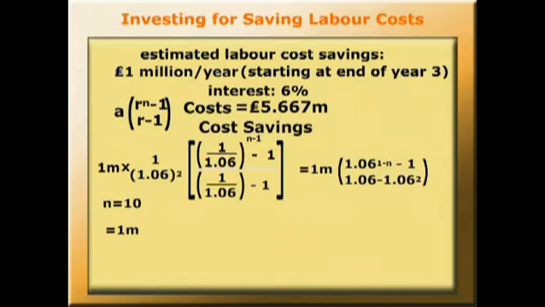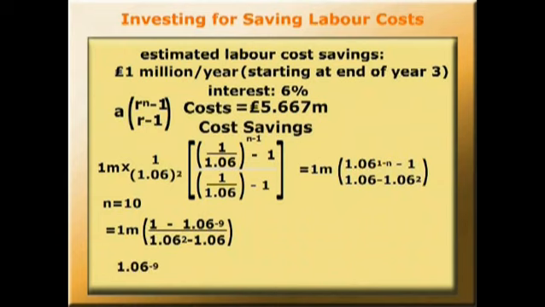So we've got 1 million times 1 minus 1.06 to the minus 9, because we've only got 10 years, over 1.06 squared minus 1.06.